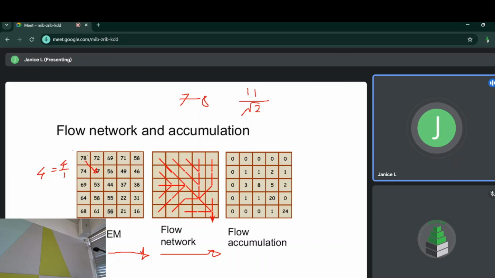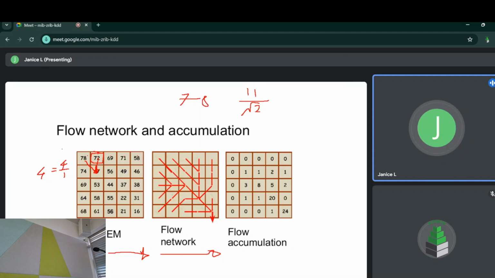You look at each square, you do the 8 directions, the 8 cardinal directions, north, south, east, west, and then the ones in between. And then you look at, well, what grade is the steepest? Whatever rainwater falls in that square, it's all going to drain towards the steeper gradients.